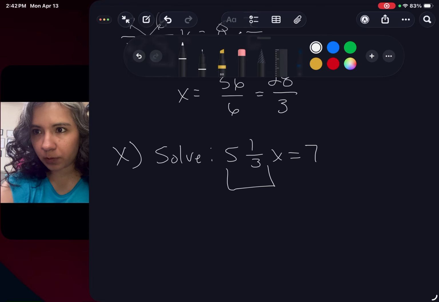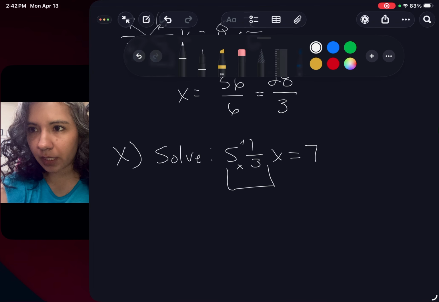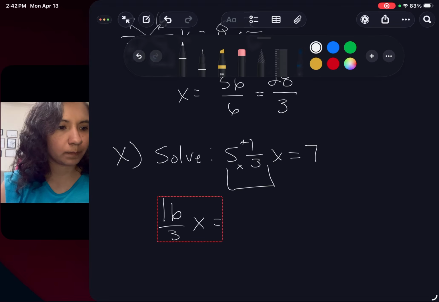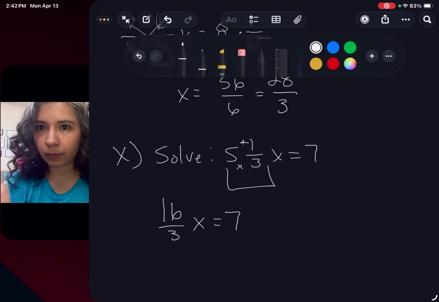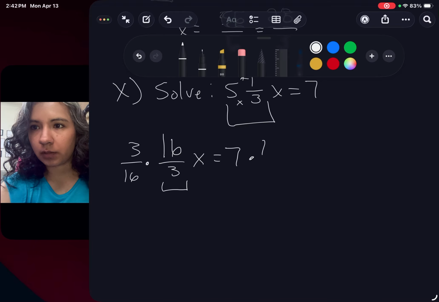If you remember, it's 5 times 3, which is 15, plus the 1, so 16/3 x equals 7. And now we have this fraction that we can do a reciprocal of and multiply both sides by to figure out what x is.